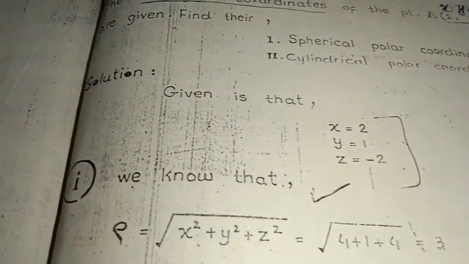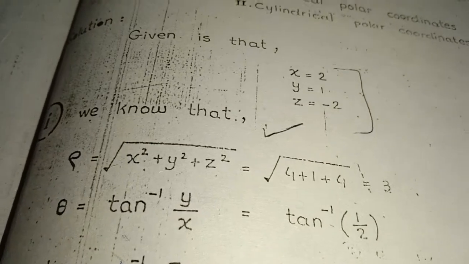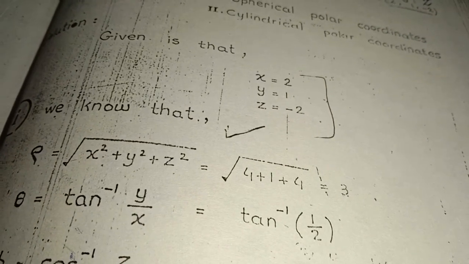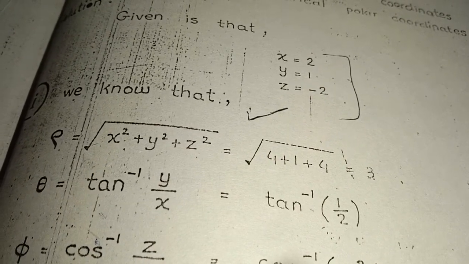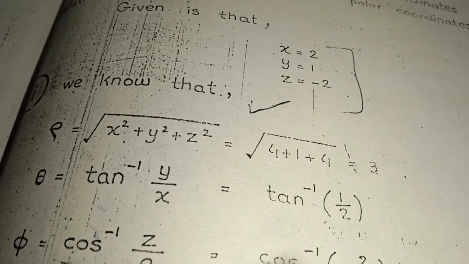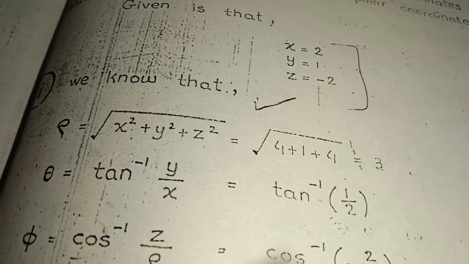We know that rho is equal to square root of x square plus y square plus z square. So it is equal to 2 square plus 1 square plus minus 2 square, which gives value 4 plus 1 plus 4 square root. So it is equal to 3.